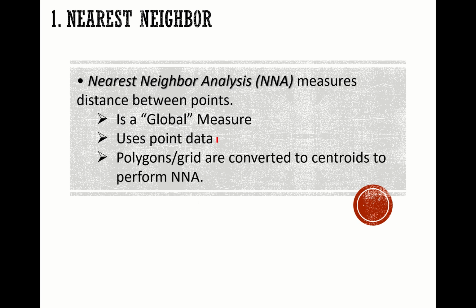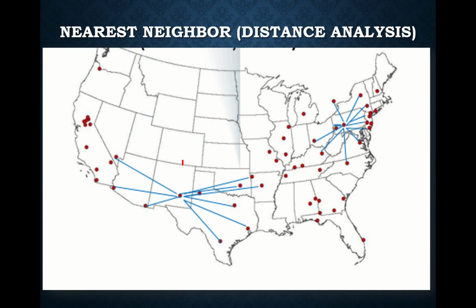And we can apply it to not only point data, but if we're dealing with polygons or area data, we can convert those areas to centroids. The centroid is the center of mass of that polygon. We can use those centroids as point data to run a nearest neighbor analysis. So you imagine here, we've got a map of the contiguous United States with a bunch of points.